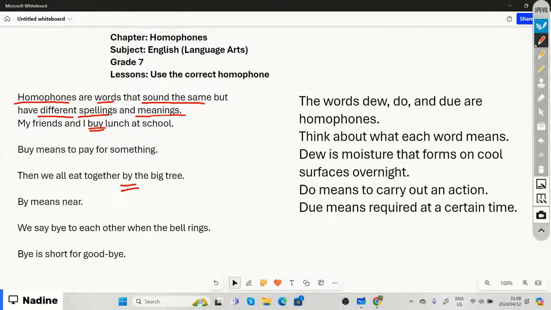And then we say bye. We say bye to each other when the bell rings, and that is B-Y-E.